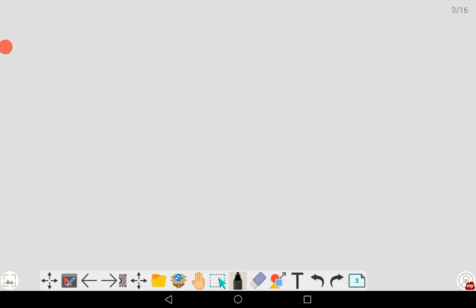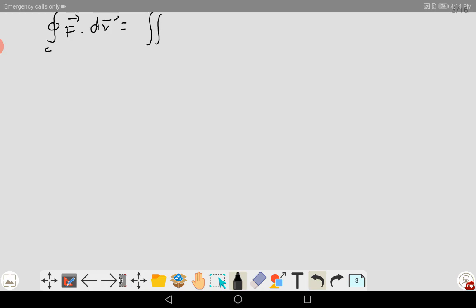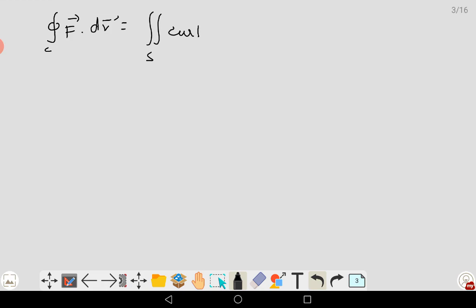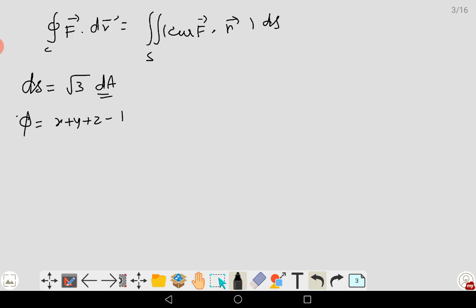Let me recall all the terms. The formula is the integral over c of f dot dr equals the double integral over s of curl f dot n vector ds, isn't it? And we have a formula for ds, which is square root of 3 dA. dA we can write as dx dy, when you project it on the xy plane. We will write it later with the limits of x and y. Now we have phi equals x plus y plus z minus 1.